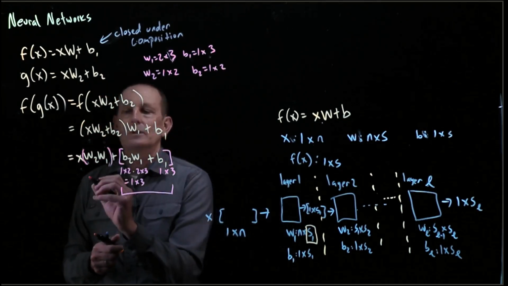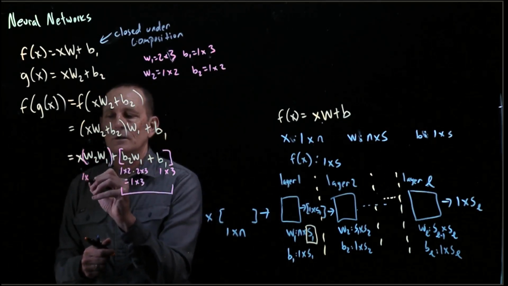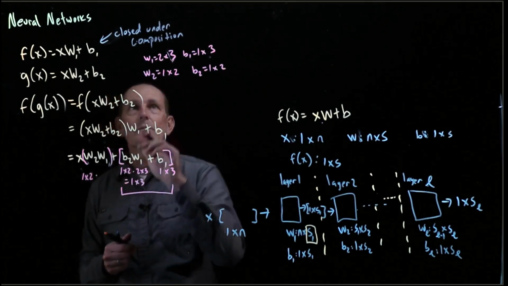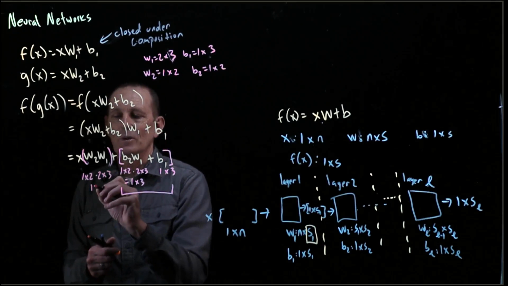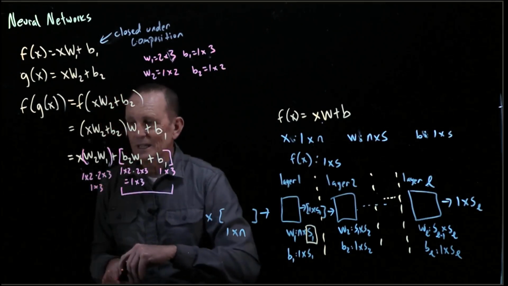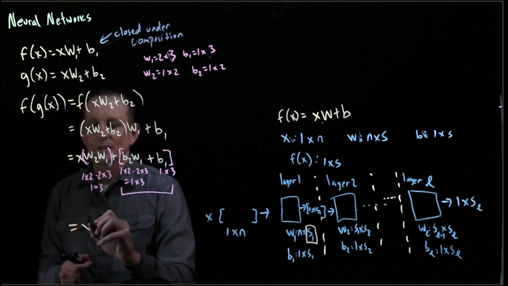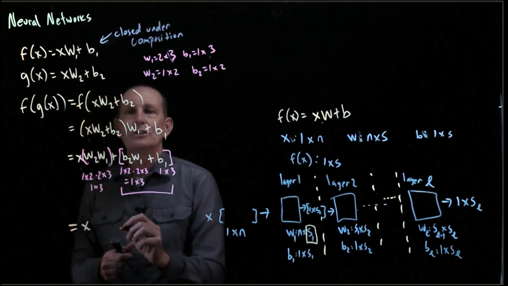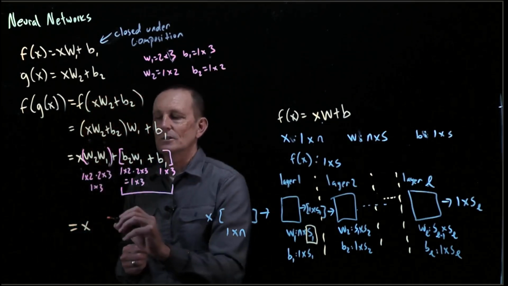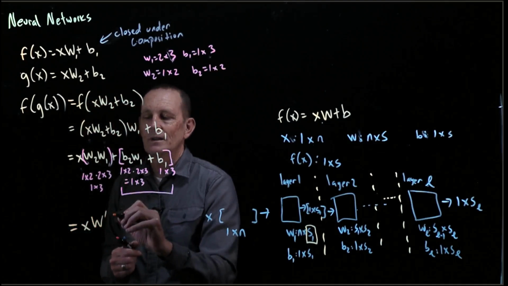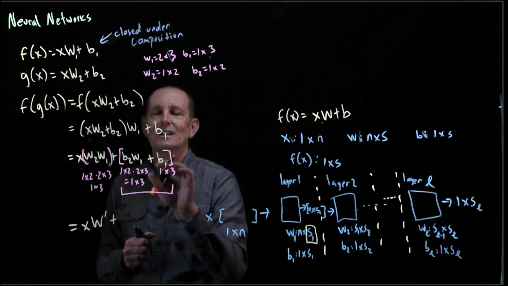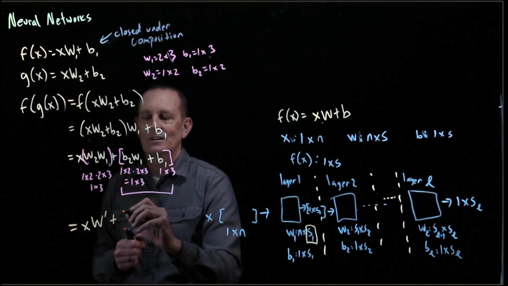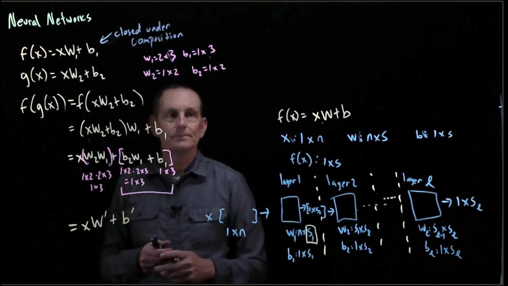So we know w2 is a 1 by 2, and multiplying that by w1, which is a 2 by 3, so that all fits, ends up with a 1 by 3. So we can actually just do this multiplication and end up with x times a new matrix, the result of multiplying w2 by w1, let's call that w prime, and we can add that to the result of doing this multiplication and adding it to this vector and getting some new b prime.